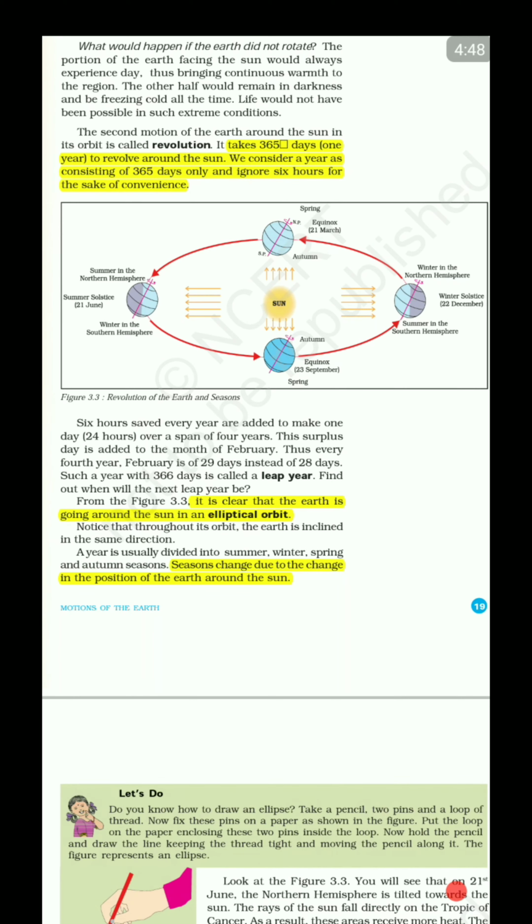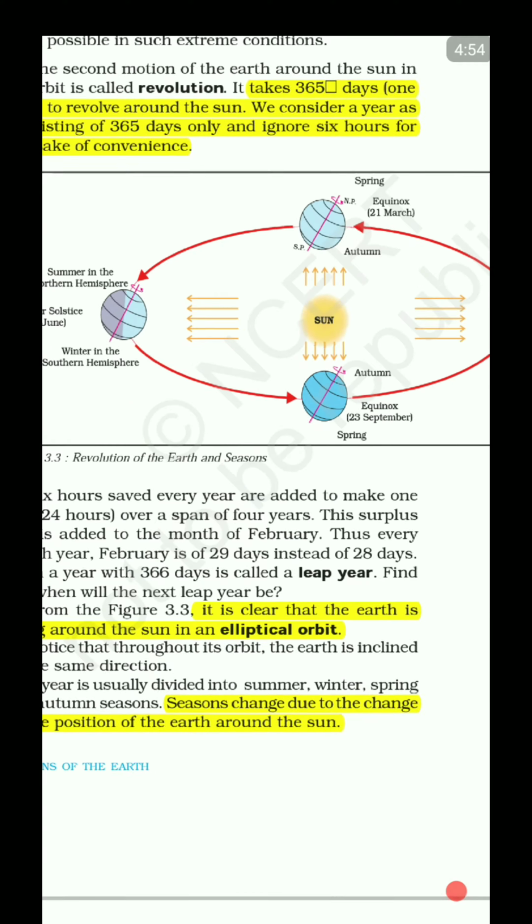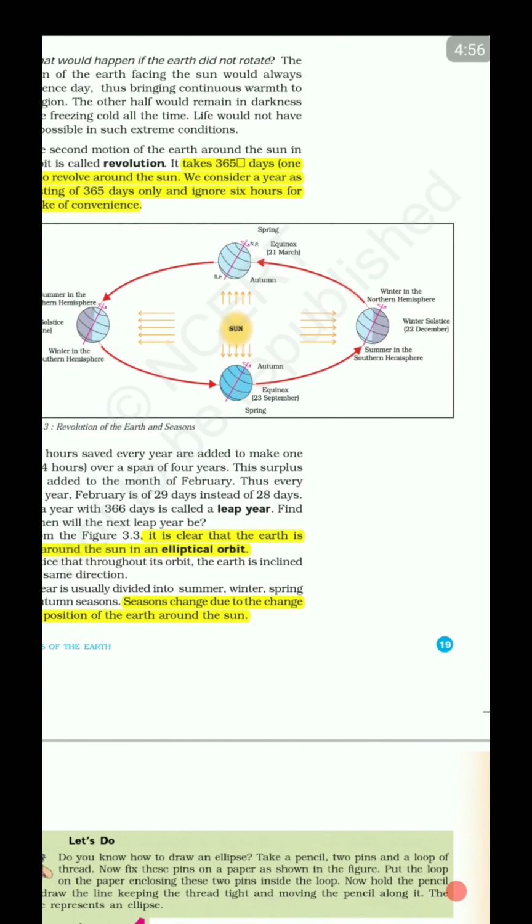So when it is summer solstice in north, it is winter solstice in south, and vice versa. When it is winter in north, it is known as winter solstice, and when it is summer in north, it's known as summer solstice, right?